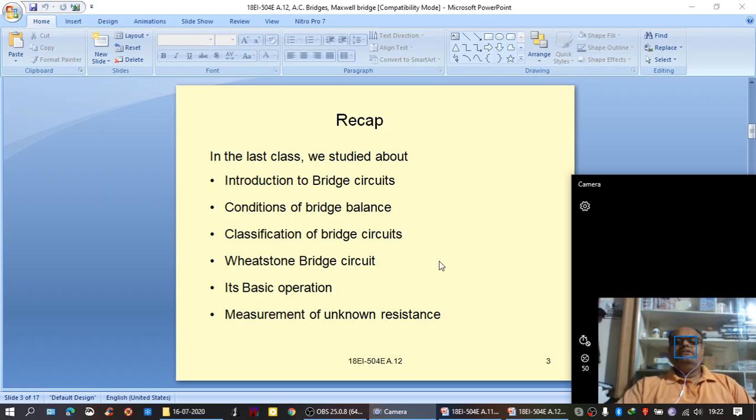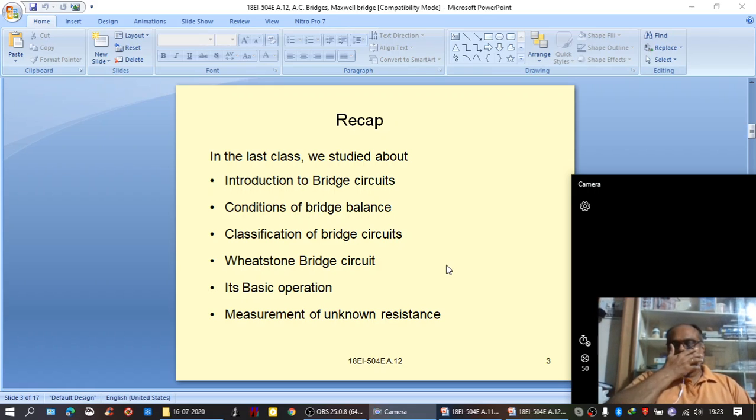In a DC bridge, a null detector or a speaker or a headphone can be used at the output terminals for checking the bridge balance, and even in an AC bridge, for checking the bridge balance, either a null detector or speaker or headset can be used.